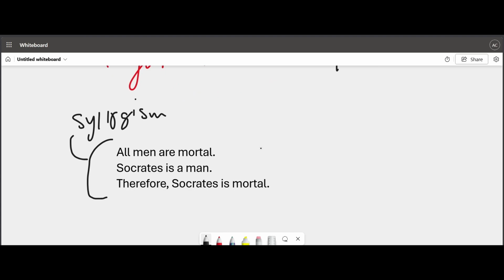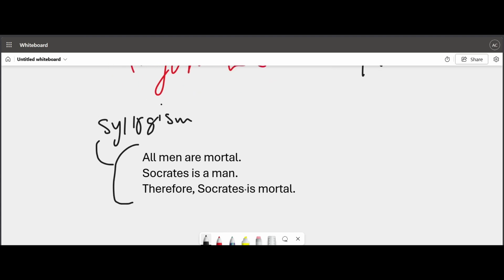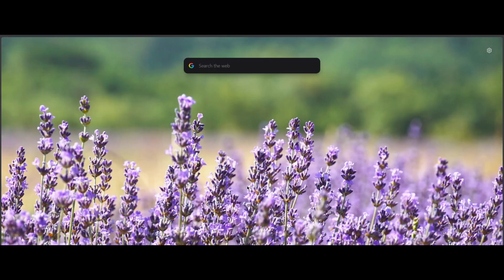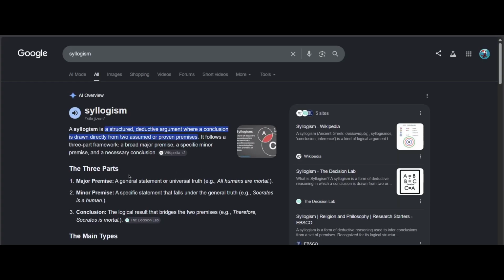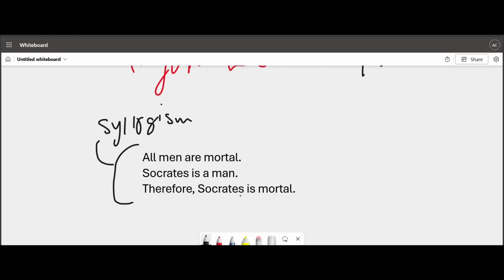But first, let's define what a syllogism even is. A syllogism is a structured deductive argument where a conclusion is drawn directly from two assumed or proven premises. Okay?